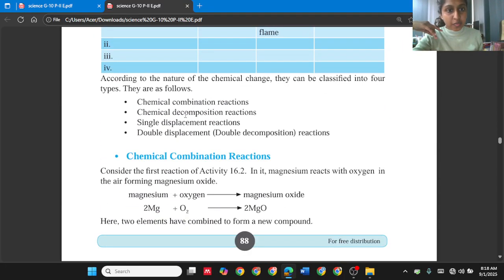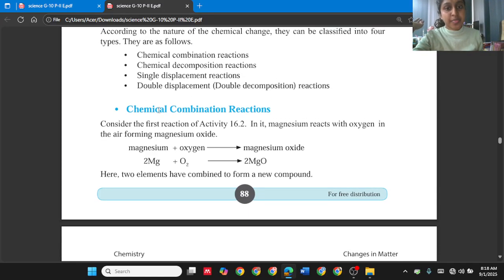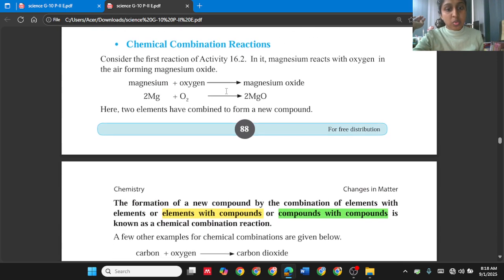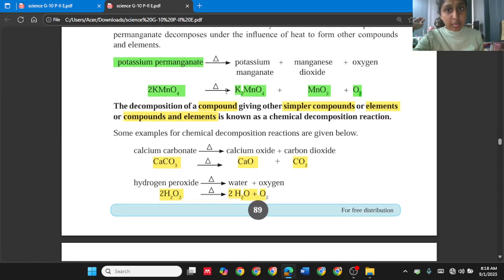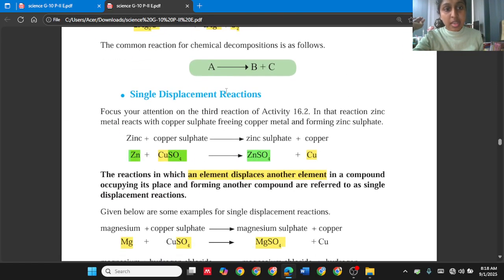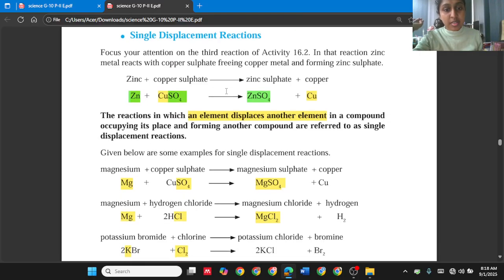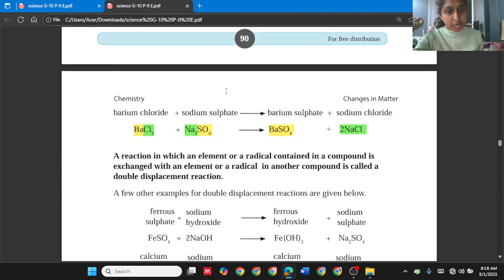These are the types: chemical combination reactions, chemical decomposition reactions, single displacement reactions, and double displacement reactions. At the same time, we call it double decomposition reactions. So we studied all of these.